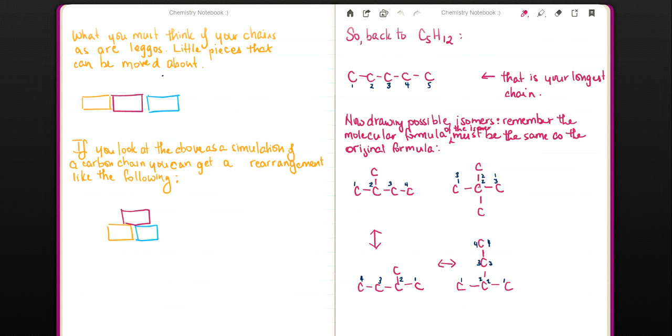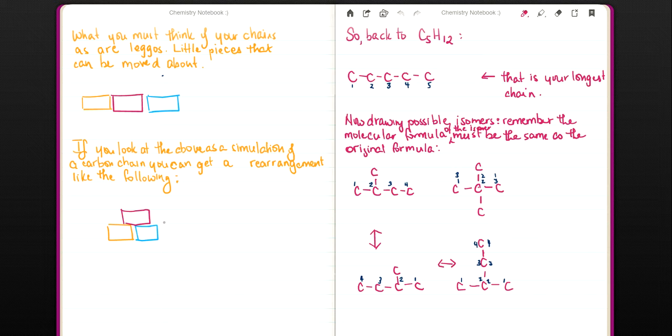So those are the 2 major things you're not supposed to do. What you must think of is your chains as Legos. So imagine you have Legos, little pieces that can be moved about. If you look at the above as a simulation of a carbon chain, you get a rearrangement like the following. So this is a different movement going on here.